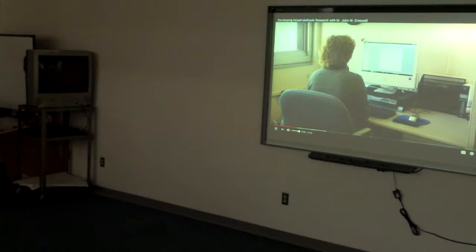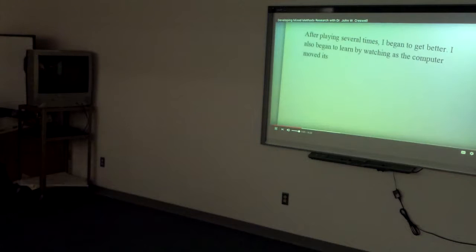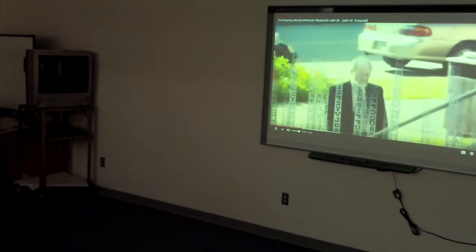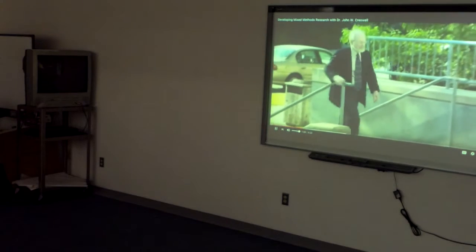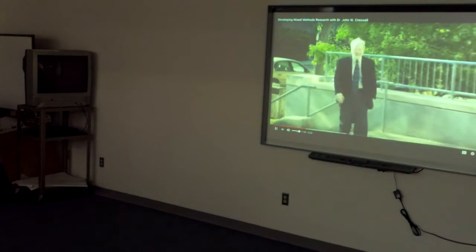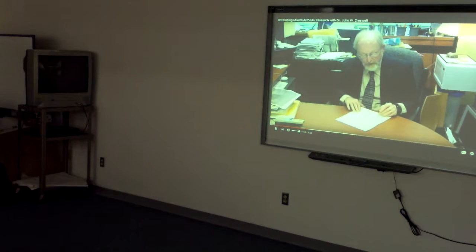They enter their personal reactions in a journal. I also began to learn by watching as the computer moved its coins. It's all part of research being conducted by Dr. John Creswell, an applied research methodologist here at the University of Nebraska. Creswell is interested in gaining research, and his goal is to develop a survey that can be given to hundreds of people.